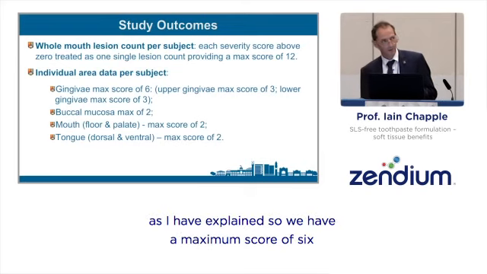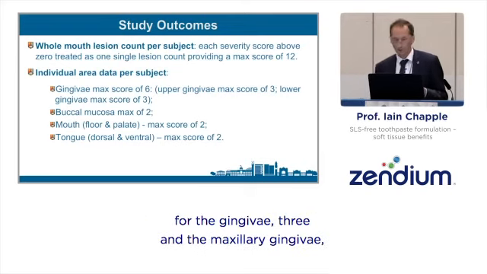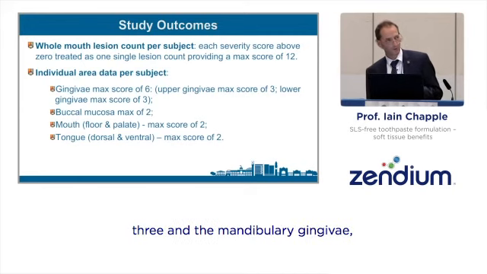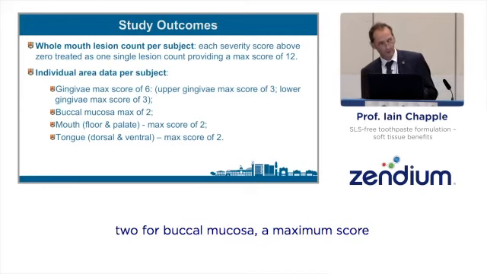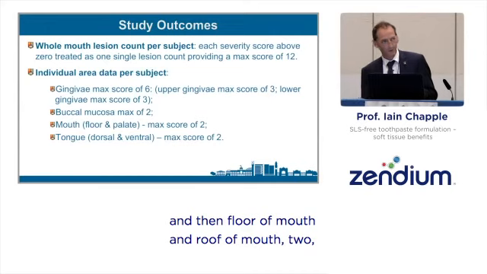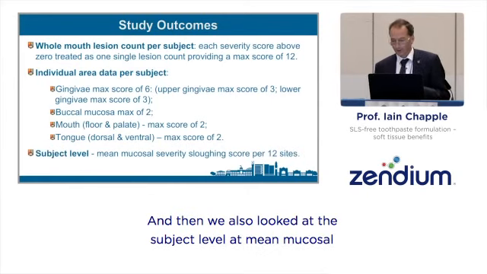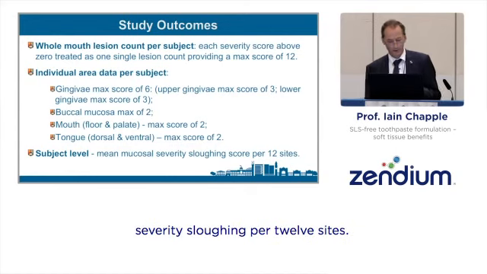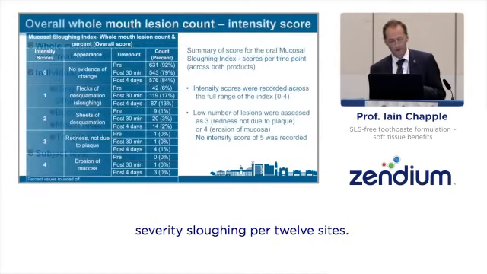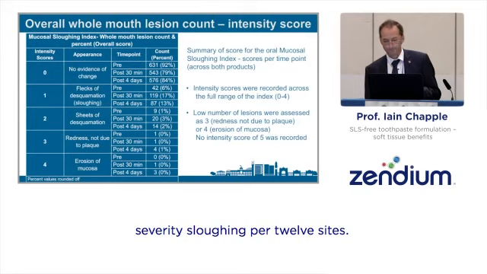So we had a maximum score of 6 for the gingivae, 3 in the maxillary gingivae, 3 in the mandibular gingivae, 2 for buccal mucosa, a maximum score, and then floor of mouth and roof of mouth 2, and tongue, dorsal and ventral 2, providing the 12. And then we also looked at a subject level at mean mucosal severity sloughing per 12 sites.